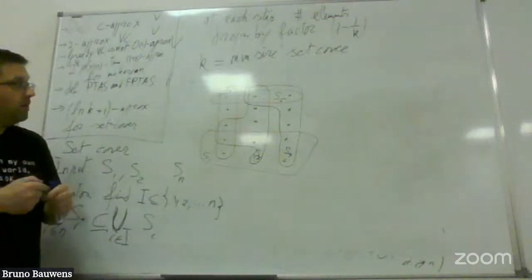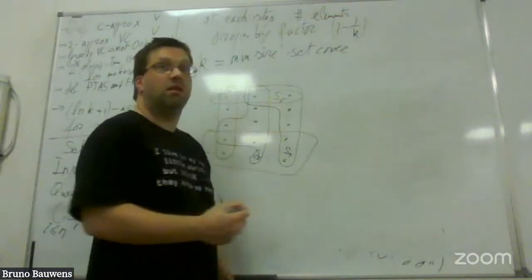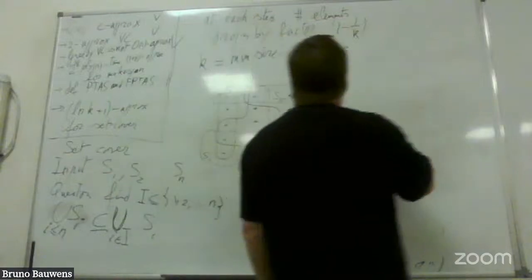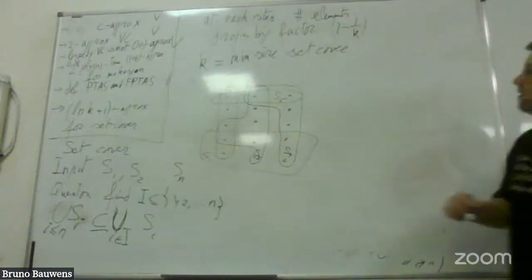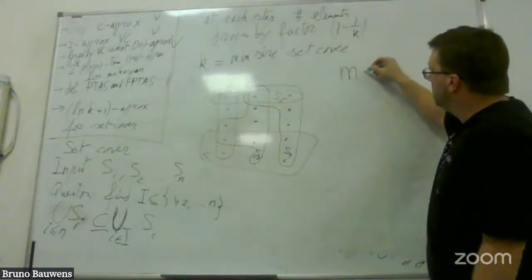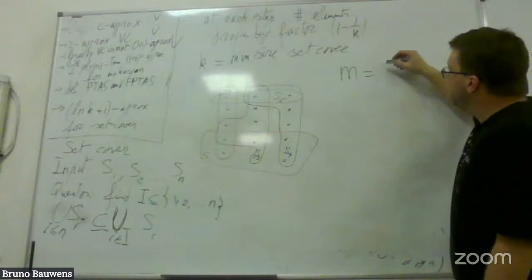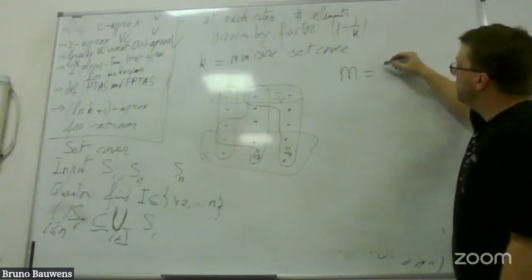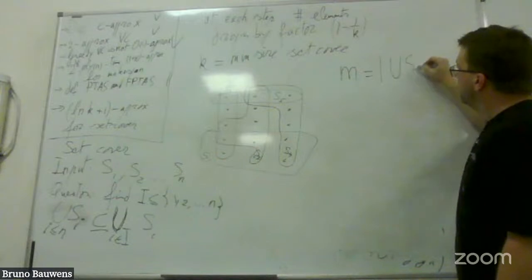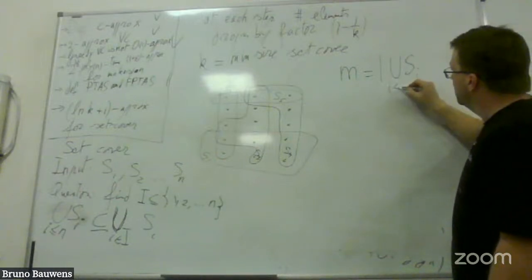Okay, let me introduce some number m. It is equal to the cardinality of the union over all sets.